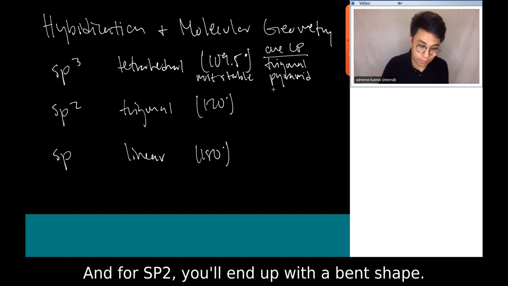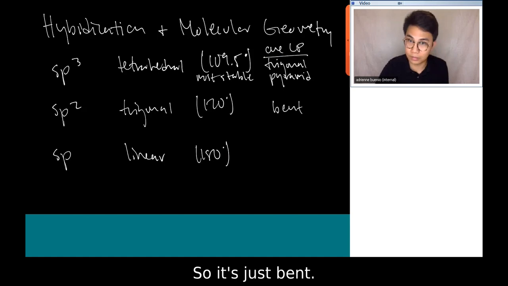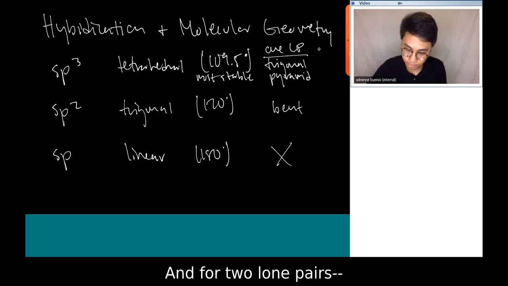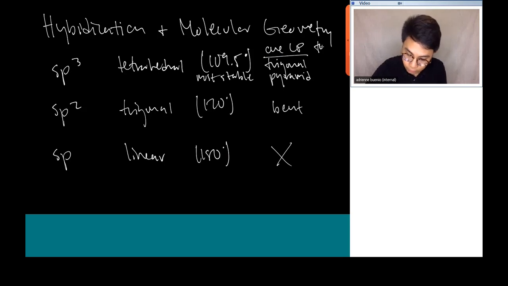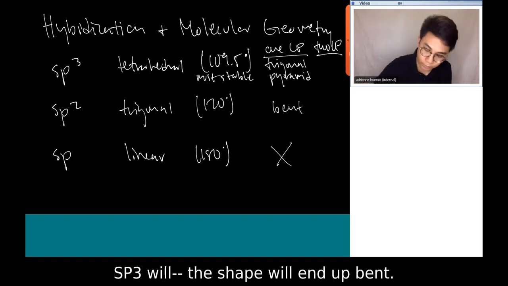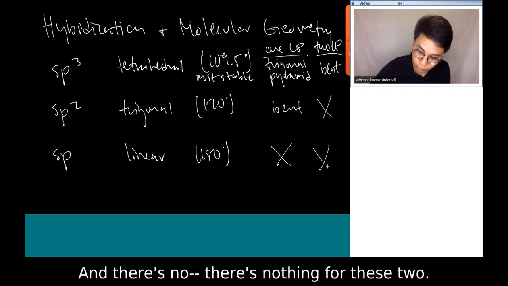And for sp2, you'll end up with a bent shape. So it's just bent. And there's nothing for sp, right? And for two lone pairs, sp3 will end up bent, and there's nothing for these two, right?